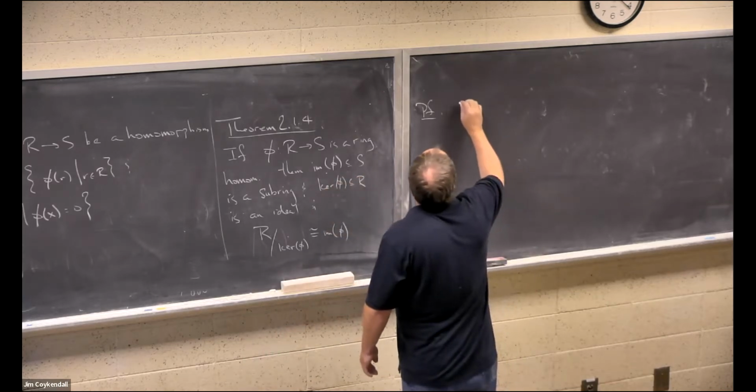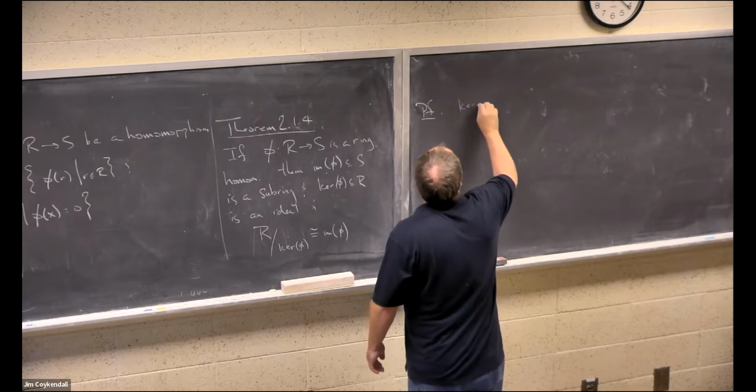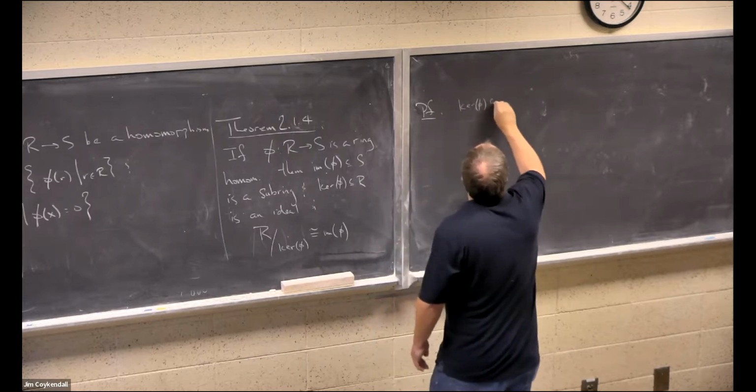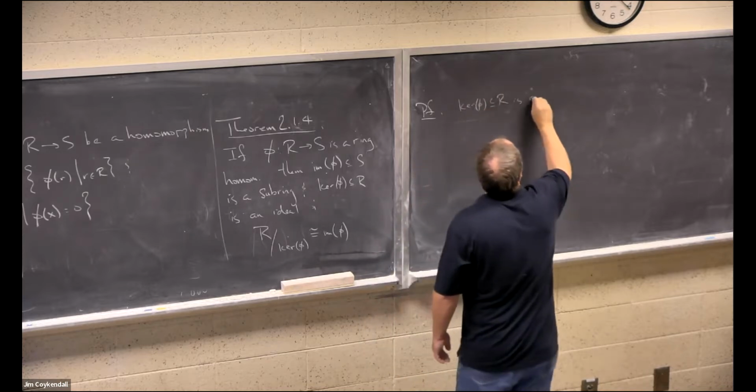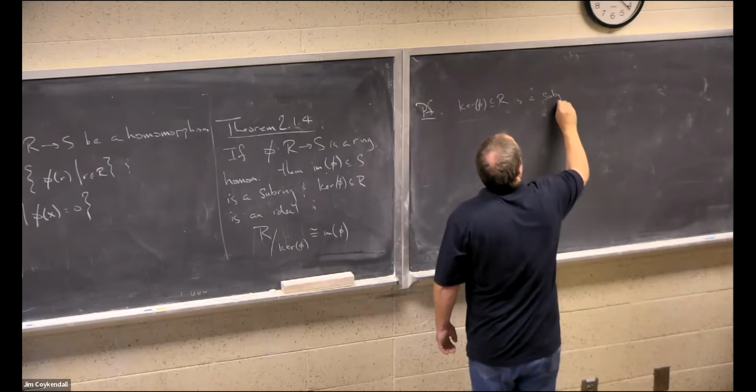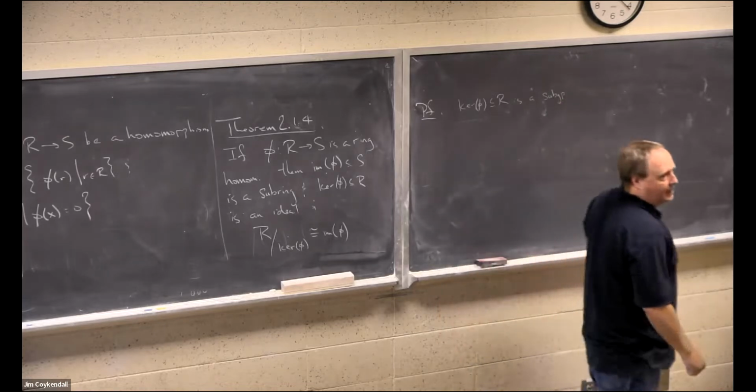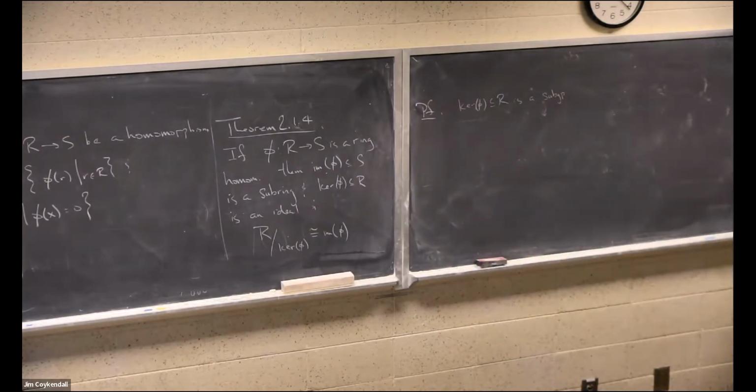Notice that the kernel of φ in R is something. All right, so I'm going to take us back to group theory. We already know that the kernel of φ is a subgroup, because remember, a ring homomorphism is first and foremost a group homomorphism, right?